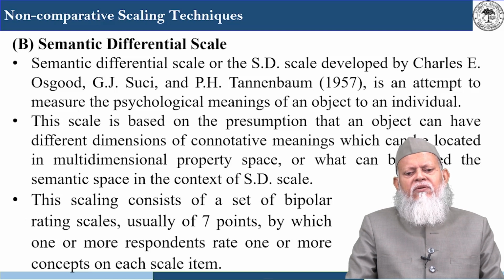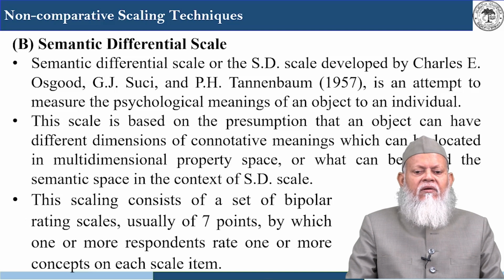This scale is based on the presumption that an object can have different dimensions of connotative meanings which can be located in multidimensional property space, or what can be called the semantic space. The scaling consists of a set of bipolar rating scales, usually of 7 points, by which one or more respondents rate one or more concepts on each scale item.